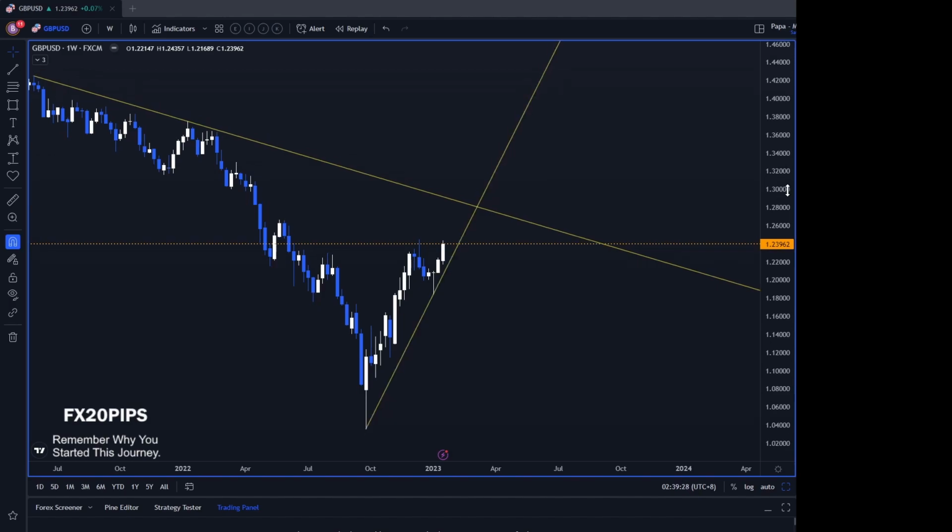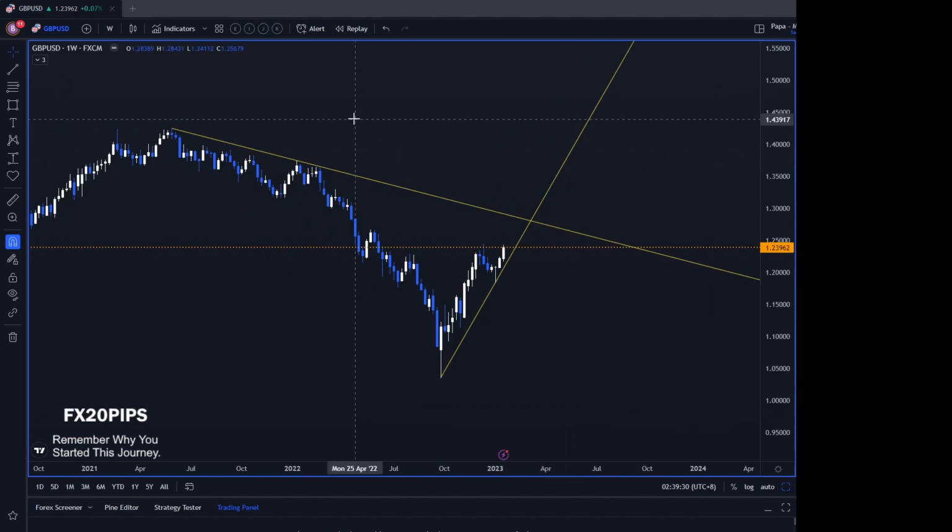So basically, we can see that we have the trend line starting from here, touching 1, 2. So maybe price is trying to touch here again. And we also have one starting here, bouncing off here, and maybe it's trying to go up there.